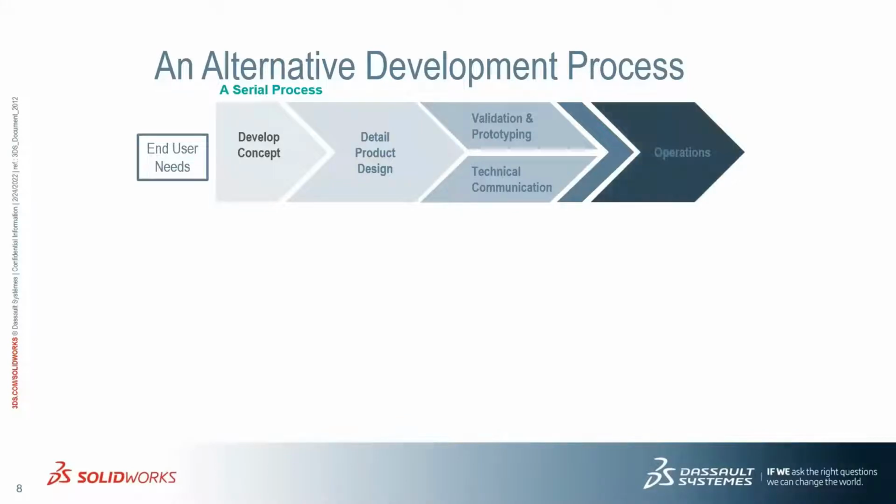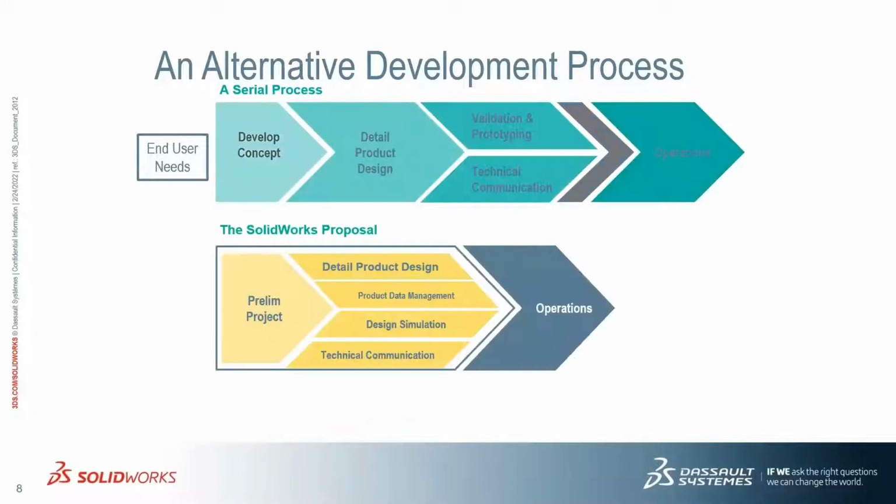Here I have an alternate development process compared to a serial process. Before, end users would plan and design a product in detail, and then handle validation, technical communication, and operation. With our proposal, we have product management, detailed product design and design simulation, and technical communication.